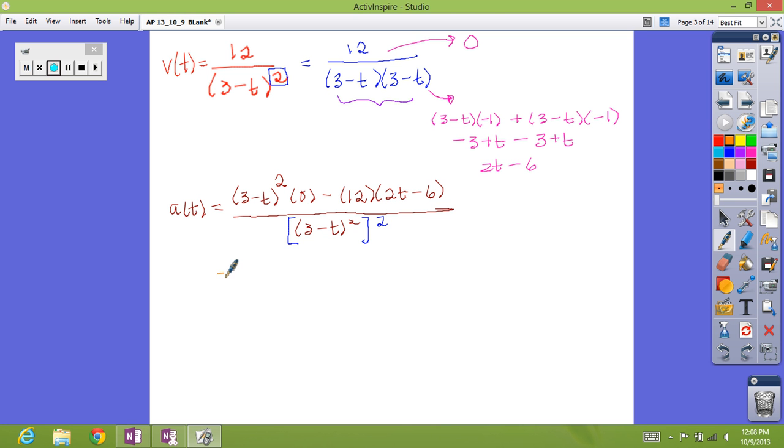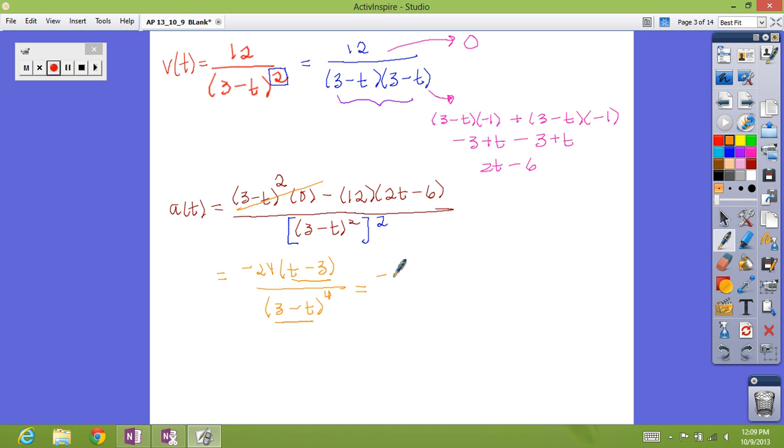Alright, so next step. Multiply by 0, so that's nothing there. We get -12. And here I'm going to actually factor out a 2. I should have said that first. So I actually get -24. And then t minus 3. And in the denominator, I get 3 minus t whole thing to the 4th power. It's 2 times 2. And then what you notice is that this piece and this piece are really close to being the same.